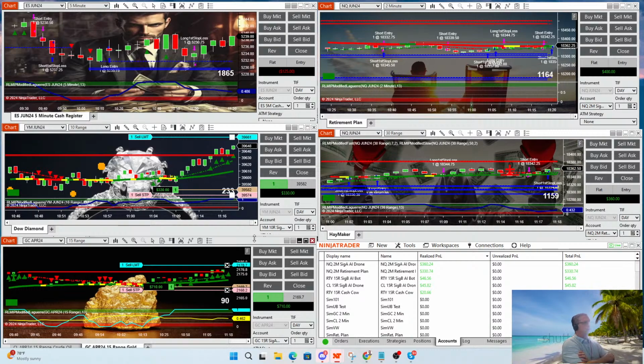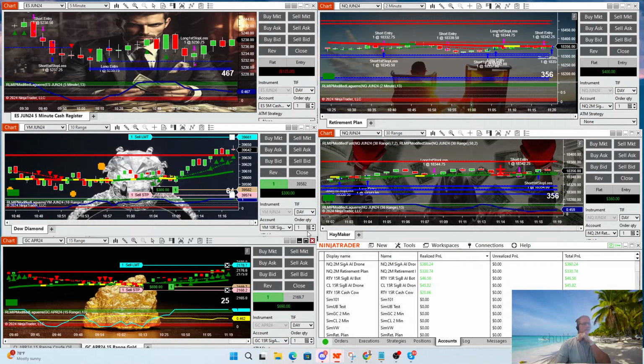I had a good couple of days, Monday and Tuesday. Wednesday I got a losing day, but we're still in the game, and one losing day isn't going to break us. I'll let these last couple of trades play out, and then we will wrap it up.